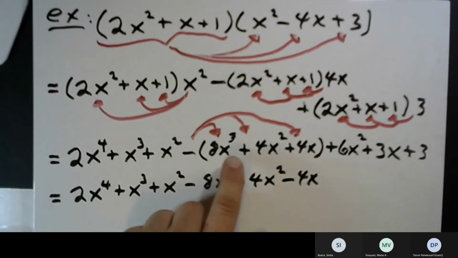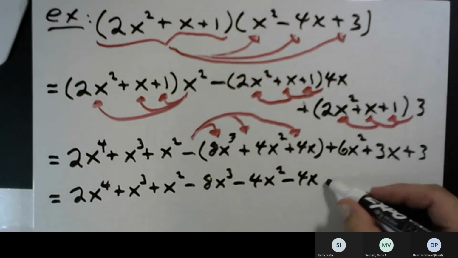We distribute the minus to all these positive terms. So the positives become negatives.